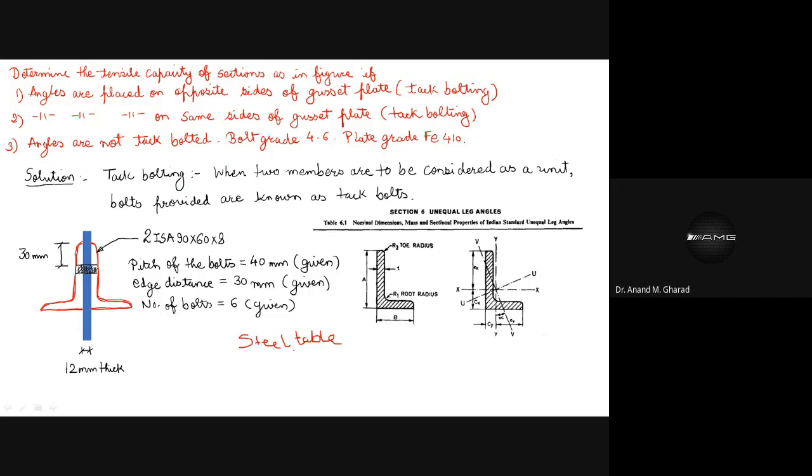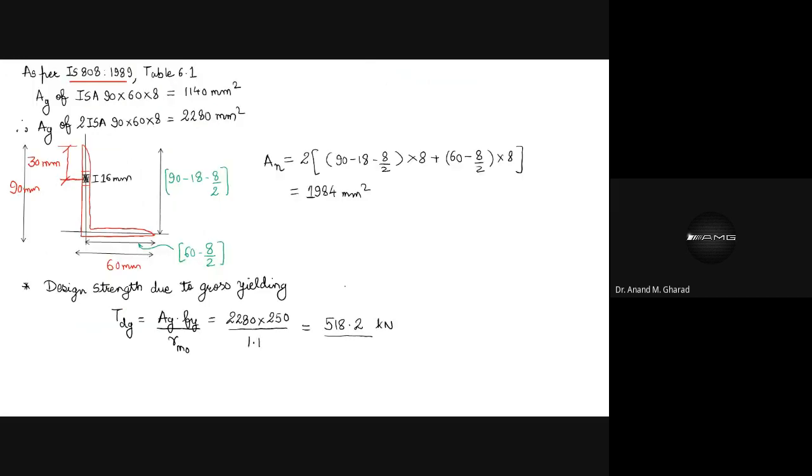In the steel table, you will find various other parameters which may be useful. It is authored by Ramamrutham. You can purchase that. But for today's class, you can download IS 808 simultaneously, and I have also provided a few things for your convenience, which you can refer to later on. But from the next class onwards, please make sure that you have either the steel table or IS 808 1989.